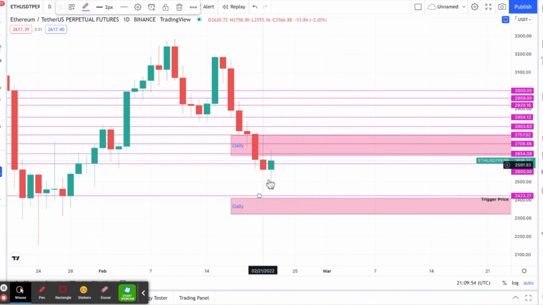That means that as long as we're coming down, it's not going to end up starting. So in your app, it'll say price has not been triggered, something along those lines. What happens is as soon as this price wicks down and it triggers that, what is it at?